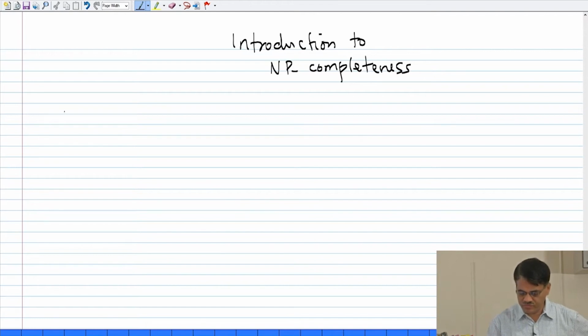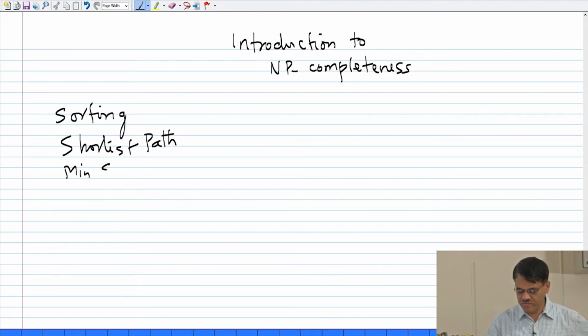So, in your algorithms course you would have seen problems like sorting, shortest path, minimum spanning tree, network flows, and several in your problem sheets.